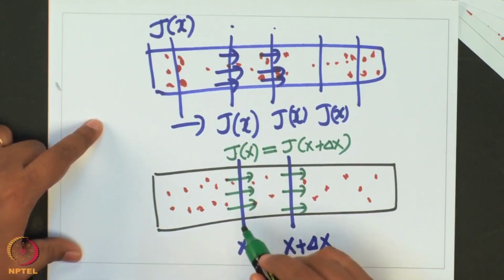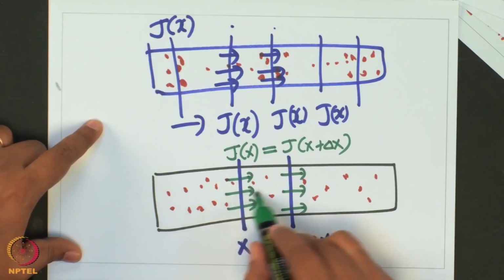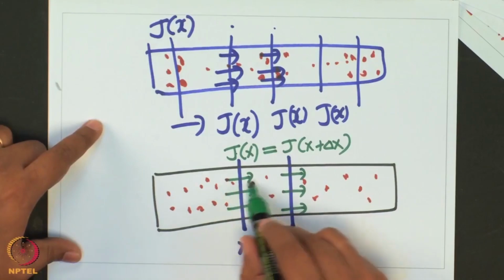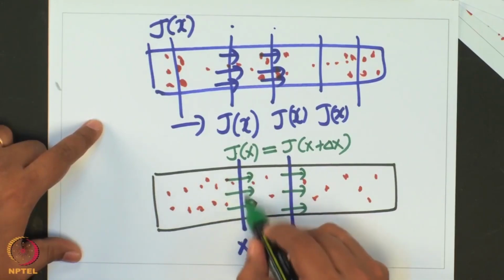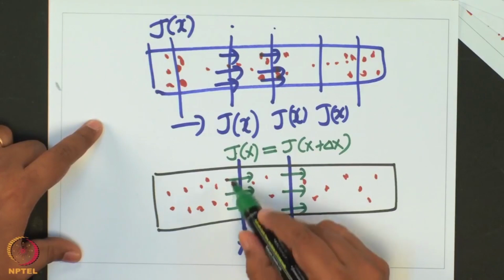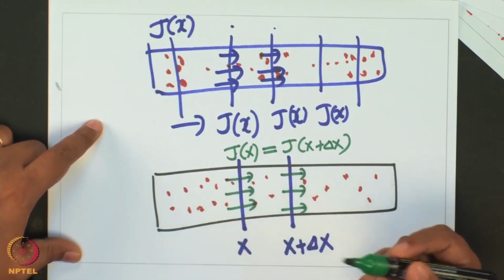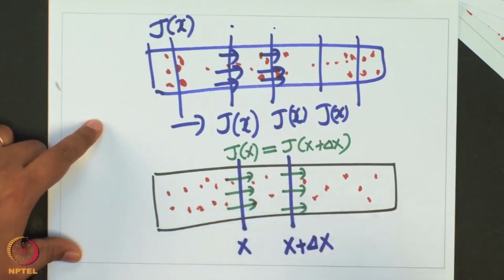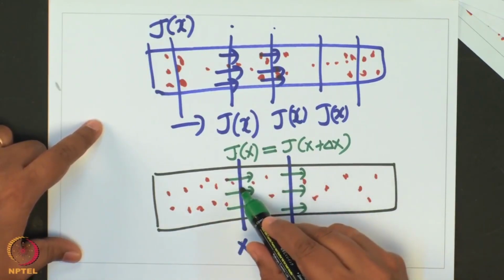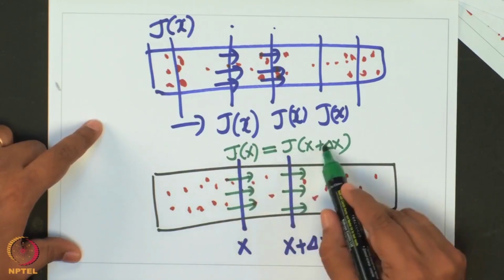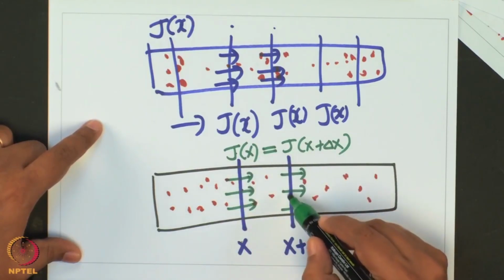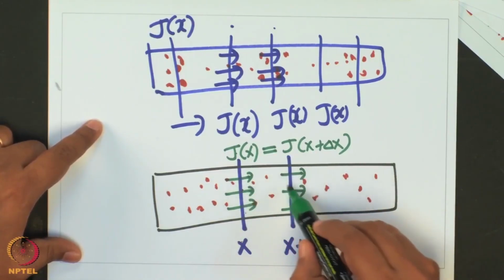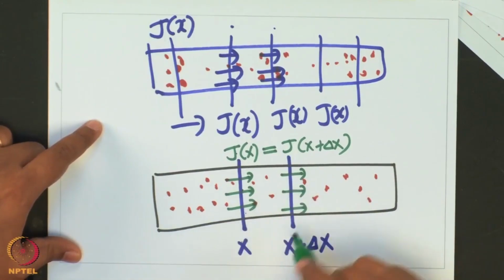At x, I am finding that the flow is along the plus x direction, and the flow is some number, let us say 3 arrows, which means 300 protein particles are crossing this line every second. That is the flow here, that is J of x. J at x plus delta x, let us assume, is exactly the same as this, in the same direction. Here also 300 particles are crossing in the plus x direction.